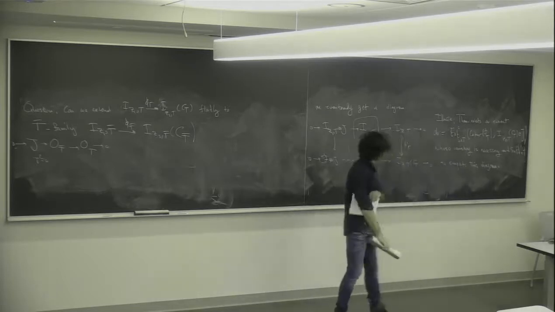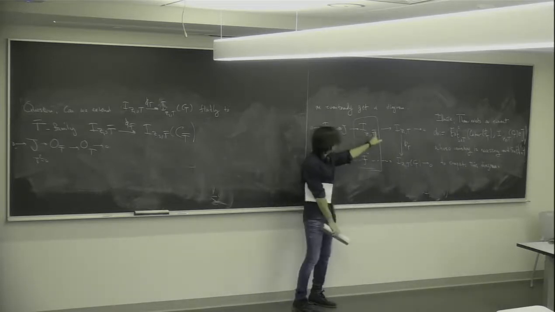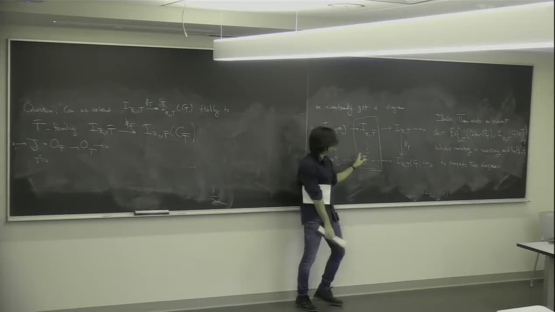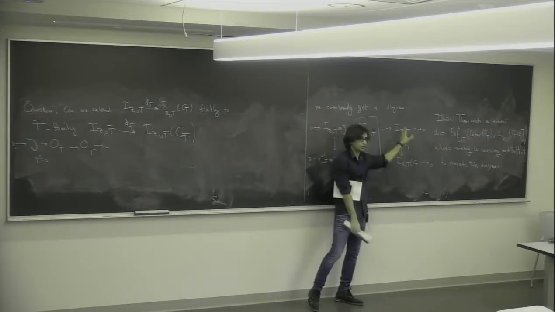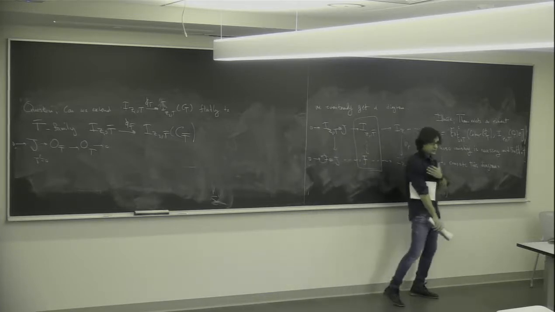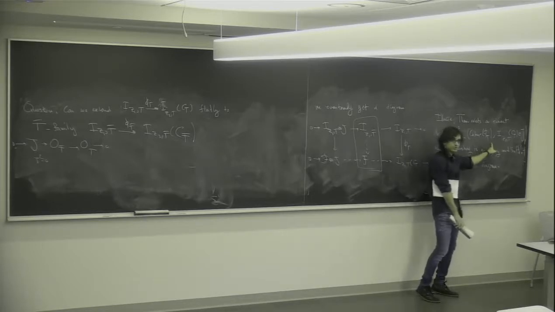If you complete this diagram, the T-bar families of objects that sit in here are by definition the T-flat deformations of the original two-term complexes. And Illusie actually tells you that if you want to do that, there's an obstruction to complete this diagram, and this obstruction is this one.